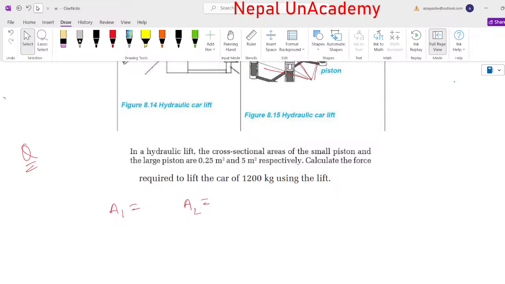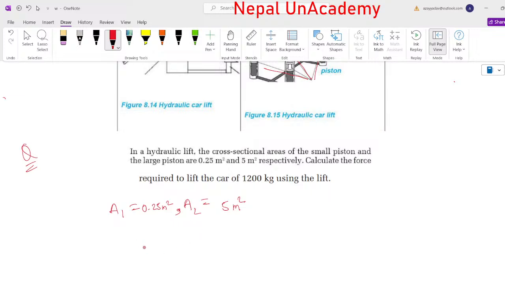So A1 is 0.25 meter square and A2 is 5 meter square. That is all.